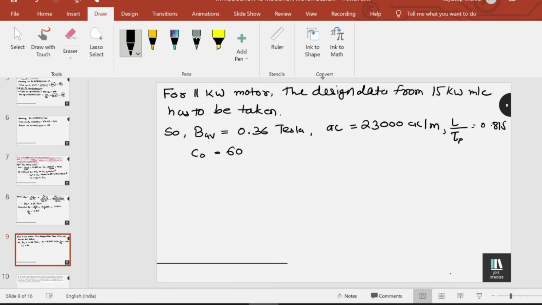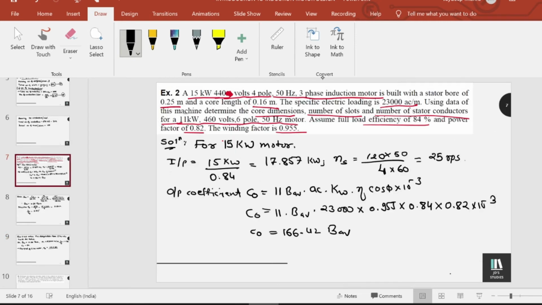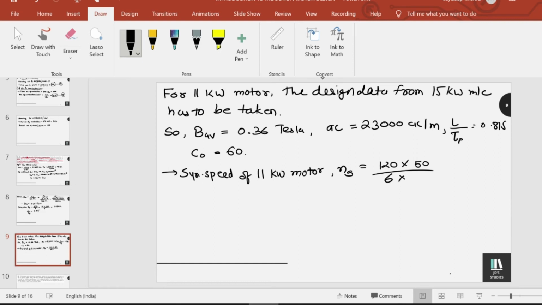Now we will find the synchronous speed of the 11 kilowatt motor. What is the synchronous speed? Ns is equal to 120, f is 50, and the number of poles for the 11 kilowatt motor is 6. Then we divide by 60 because we convert RPM into RPS.